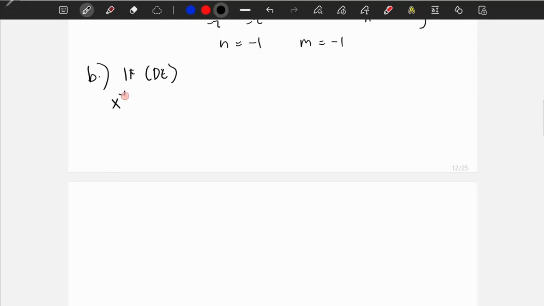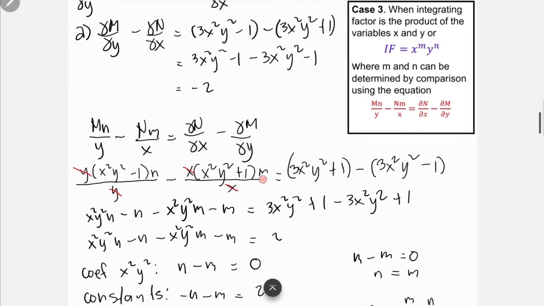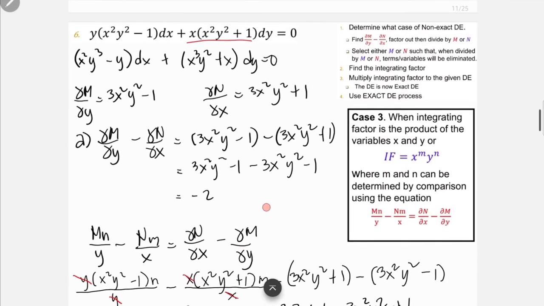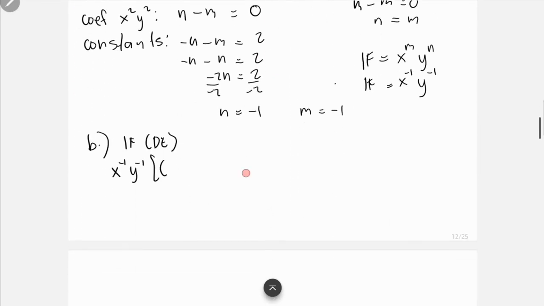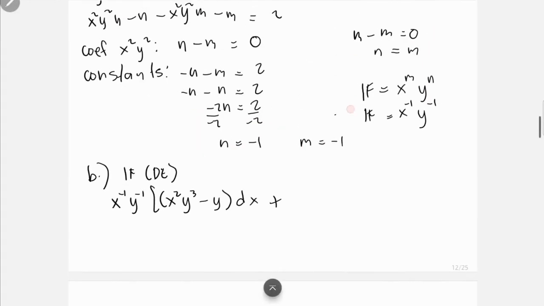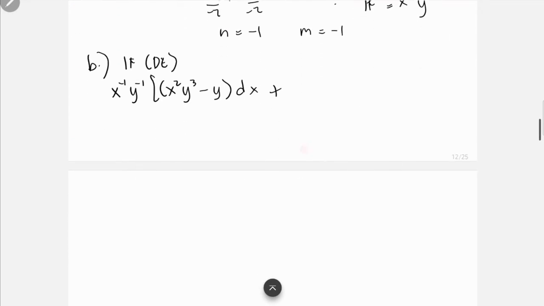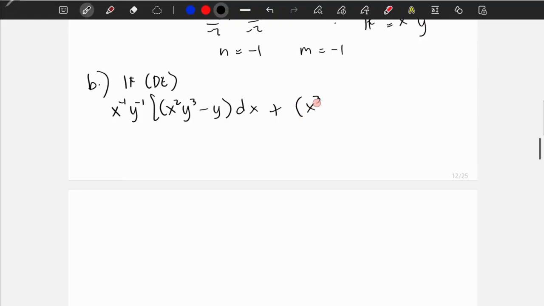Our IF is x to the negative 1, y to the negative 1, and our DE is x squared y cubed minus y dx plus x cubed y squared plus x dy equal to 0.